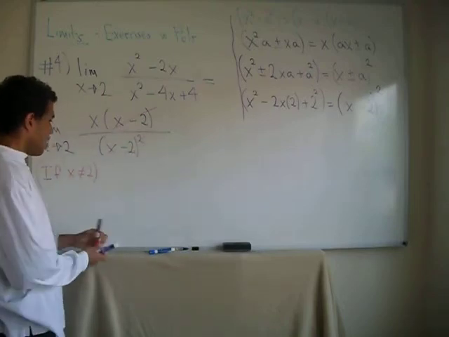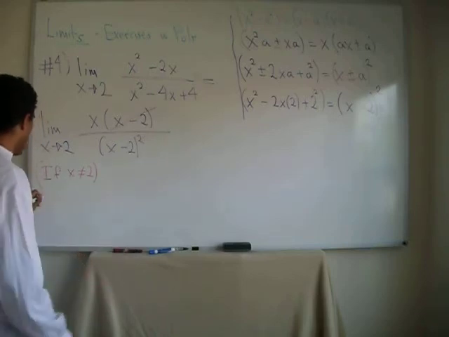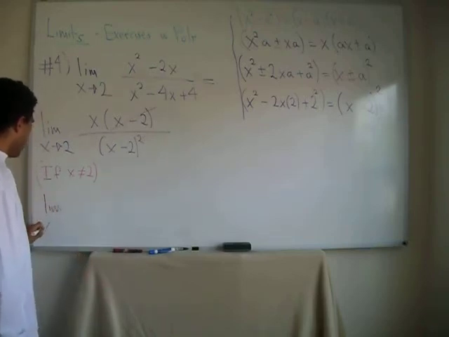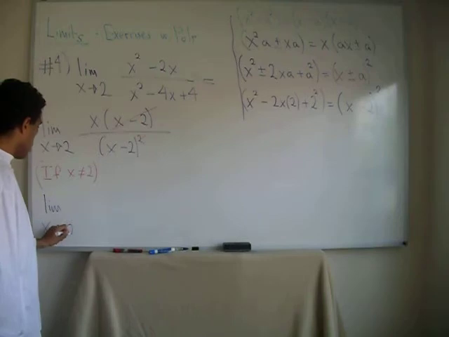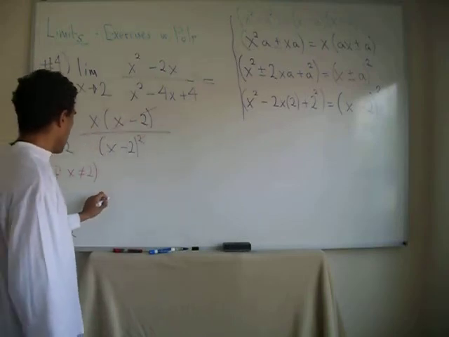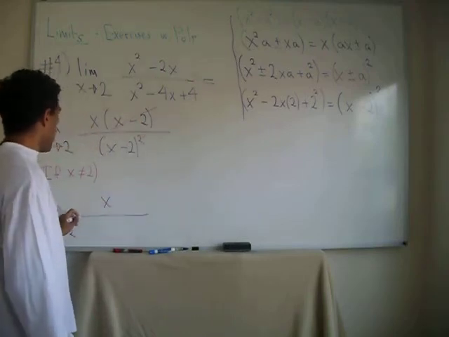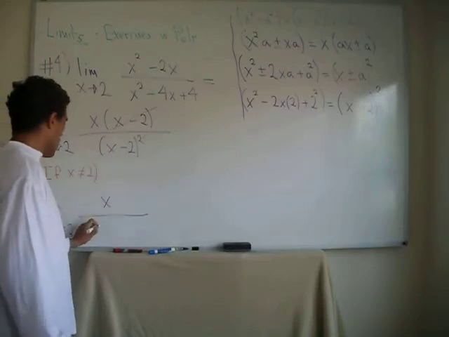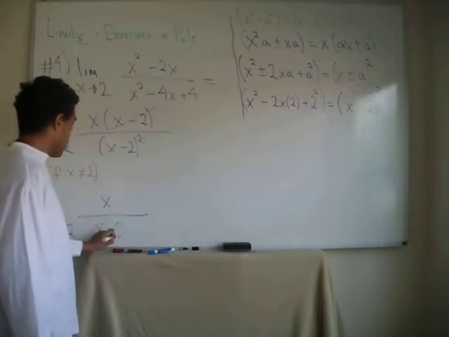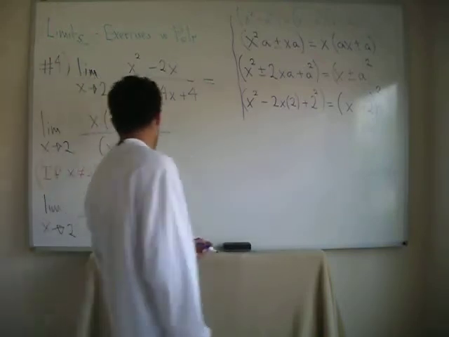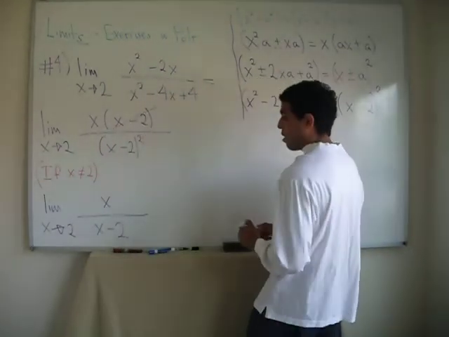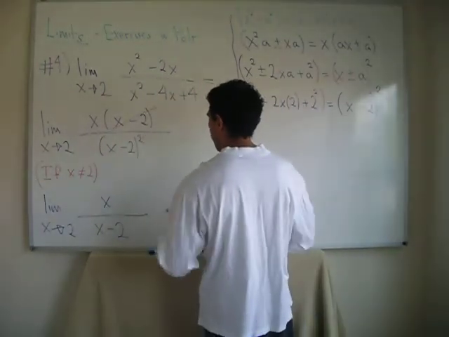So after simplifying that, I'm going to have limit of x tending to 2. On the upper part, I'm going to have x left, and at the bottom part, I'm going to have one factor of x minus 2 left. So it's going to be x over x minus 2. And now I can evaluate and see what happens, okay?